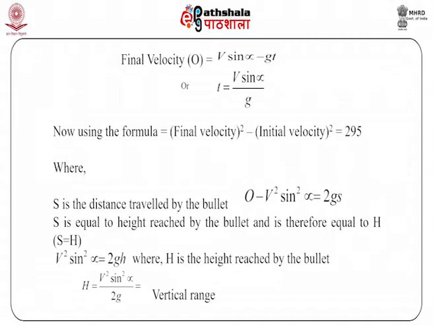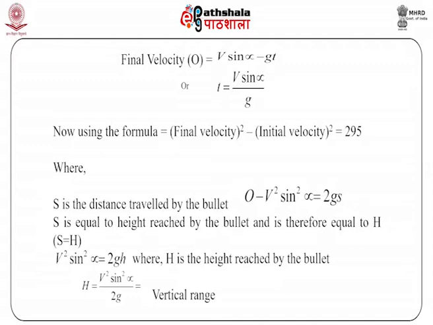Now using the formula final velocity square minus initial velocity square is equal to 2as, where s is the distance travelled by the bullet, 0 minus v square sine square alpha is equal to 2gs.